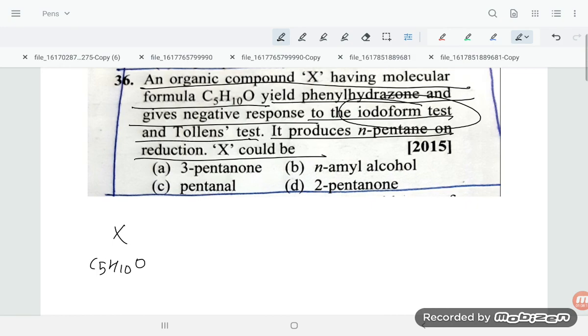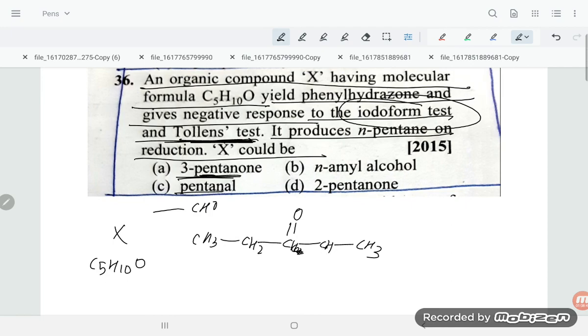So with pentanal, the CHO group is there, it will give pentanone. 3-pentanone is there, so it has CH3, 1 2 3 4 5, and here is also CH3. On the third position, 3-pentanone, here is the O group, and here is CH2, this is CH2, this is the ketone.